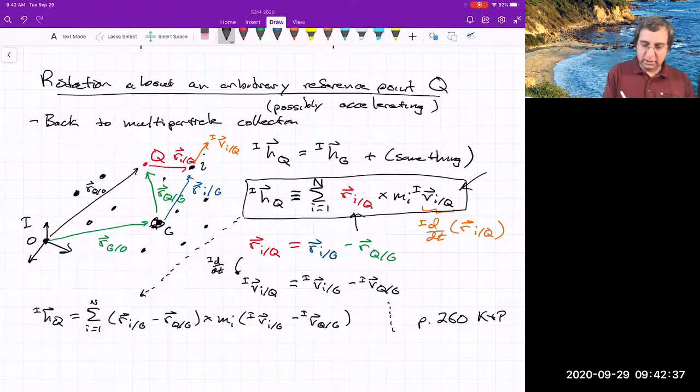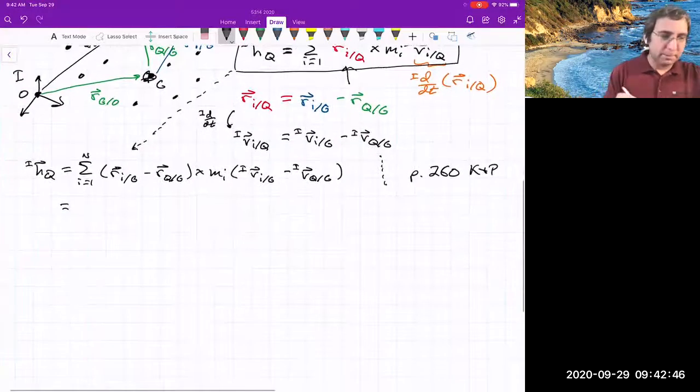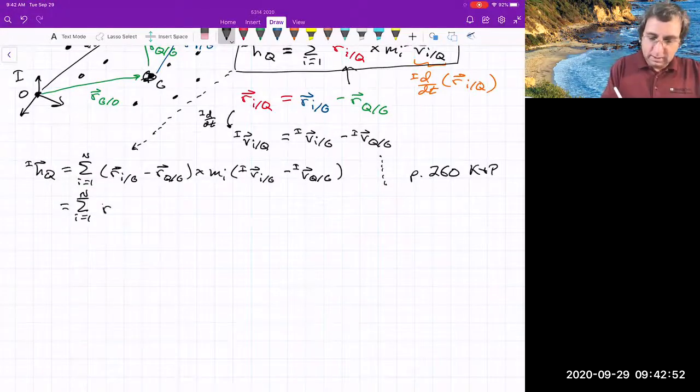Okay, we've got this cross product thing. Let's just carry through and simplify things. Sum from 1 to n, RIG cross MI, VIG.